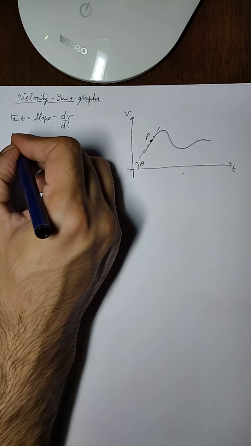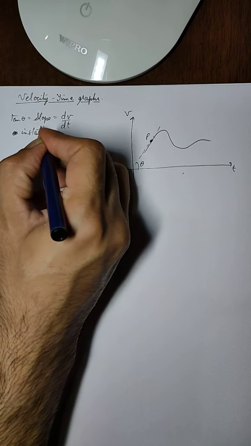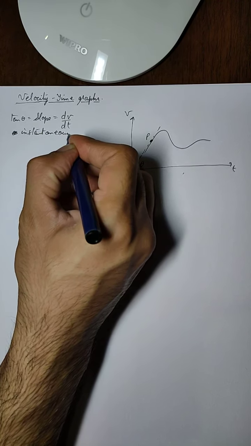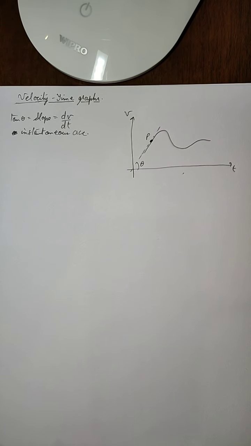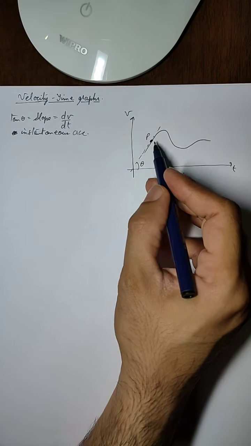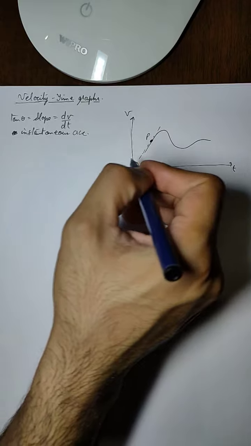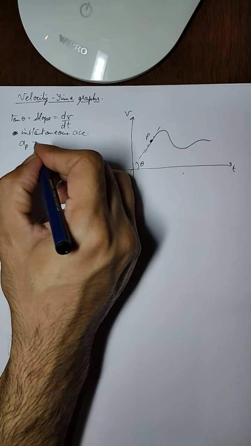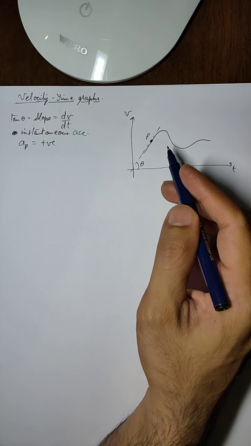It is equal to instantaneous acceleration. So we can say that the slope of the velocity time graph gives us instantaneous acceleration. Now at point P, since theta is acute, the slope will be positive, so acceleration at P will be positive. The velocity will increase in the positive direction.